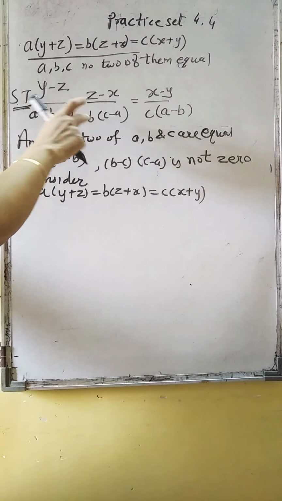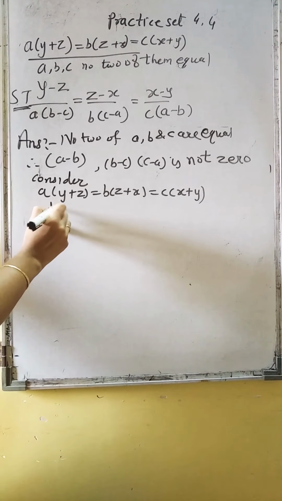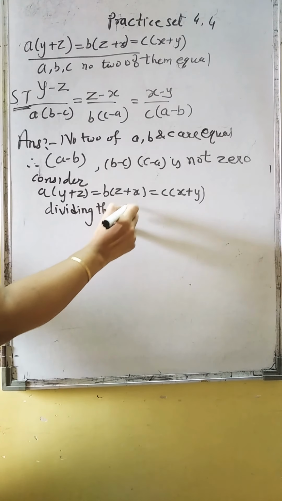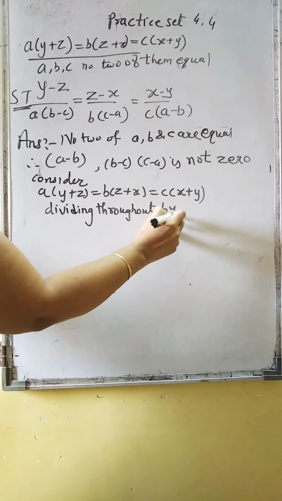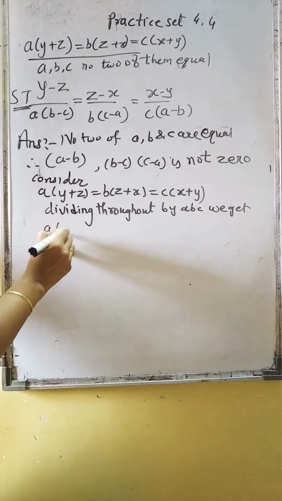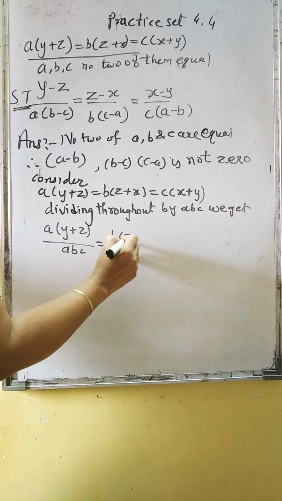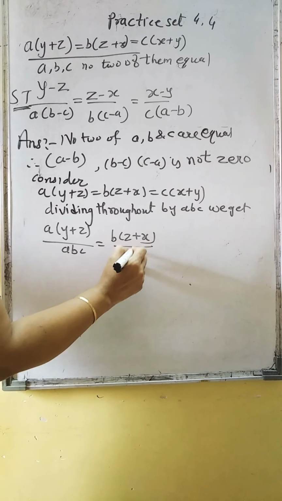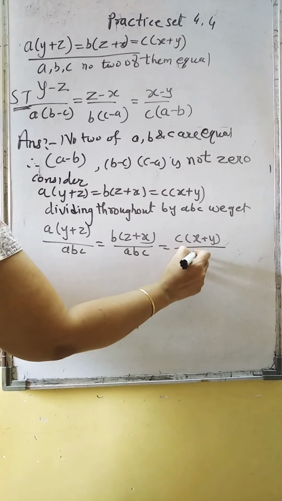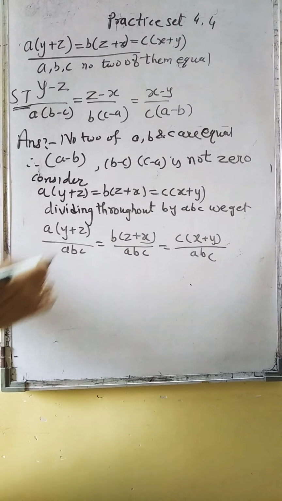Then bc, ac and so on will come. So dividing throughout by abc, what will we get? Divide everything. Okay, all the things are divided by abc.